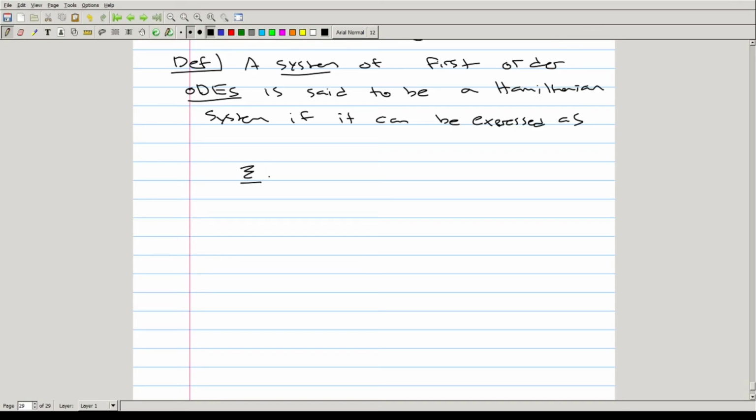The vector of unknown functions xi, which is a function of t, is equal to x1 to xn, y1 to yn, and xi prime, which remember is the same thing in block expression as x and y, where x is a vector of n values and y is a vector of n values.